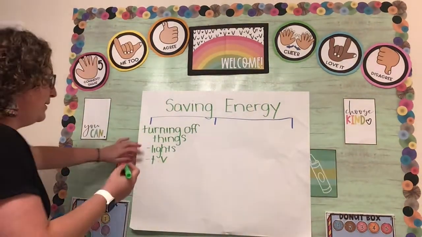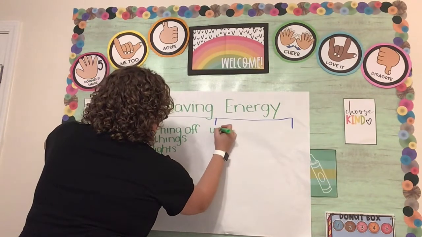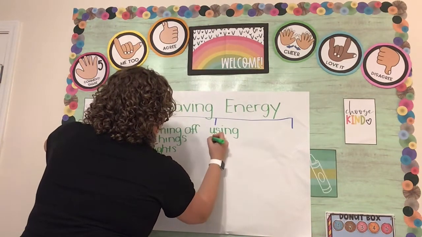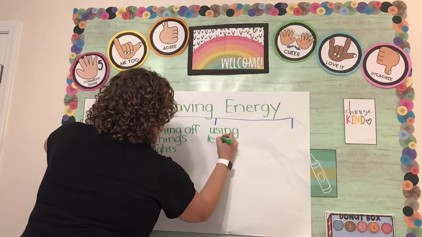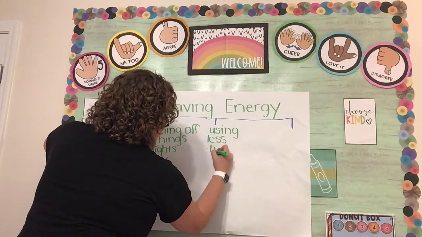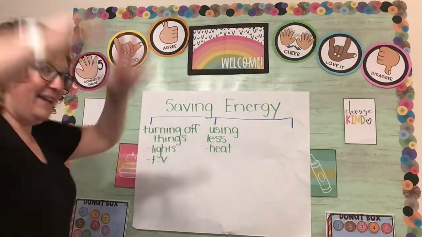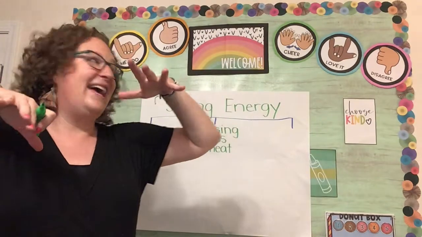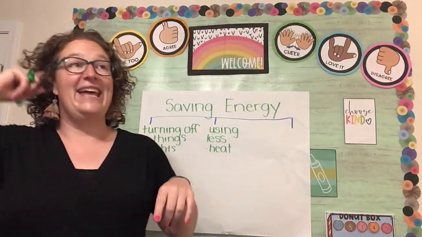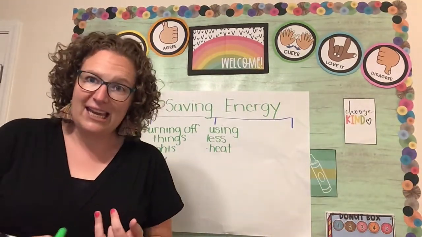So I'm going to put heat as one of our subcategories. So I have saving energy. I have turning off things as one of my raindrops, my details that support that main idea. And then I have using less things like heat.